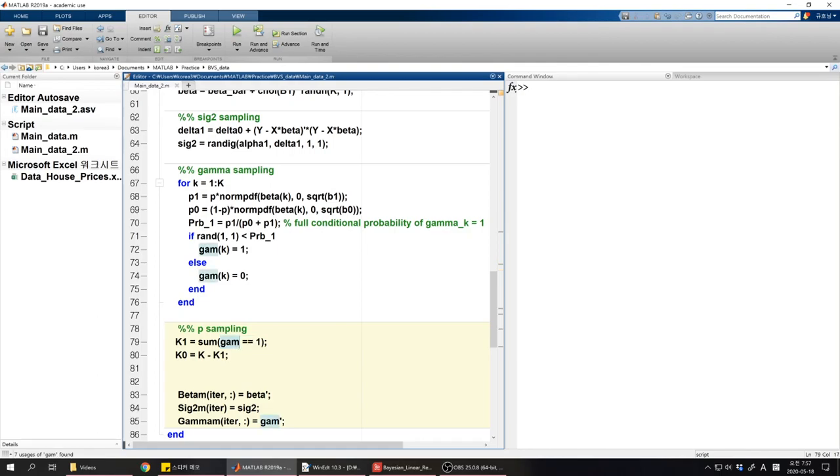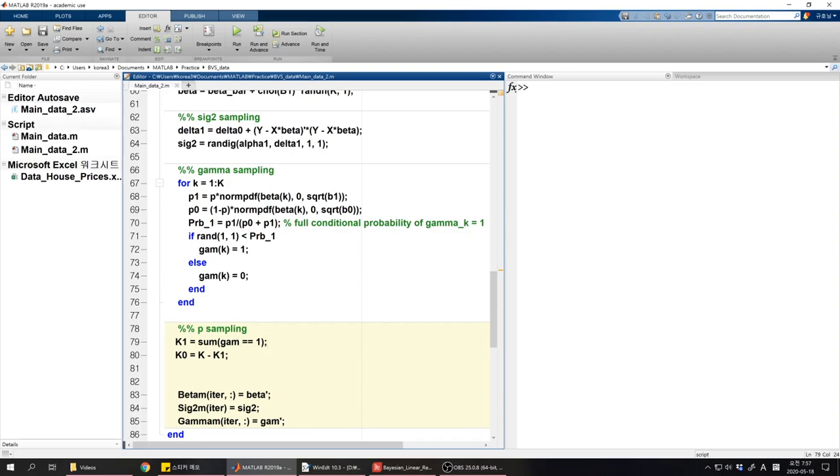So the outcomes must be either 0 or 1. If gamma k's are 0, this is false, and they are not included in the summation. By doing this summation, we can count the number of important regressors, or the number of gamma k equal to 1.